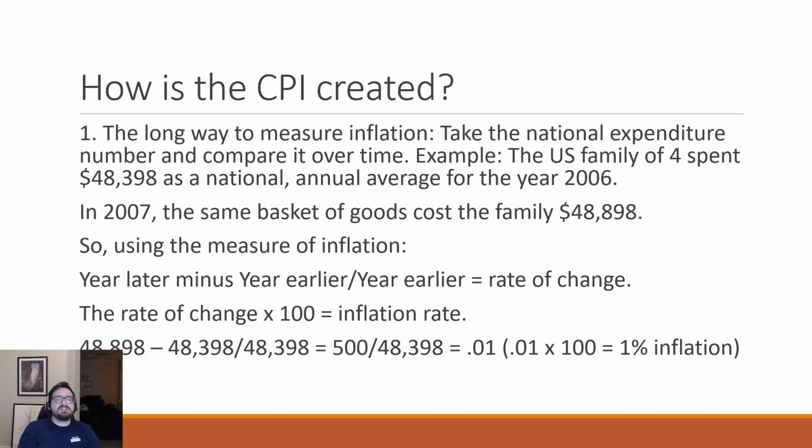If you use inflation rate, which is year later minus year earlier over year earlier equals rate of change, and then rate of change times 100 is the inflation rate, we'd find there was roughly 1% inflation between those 2 years.